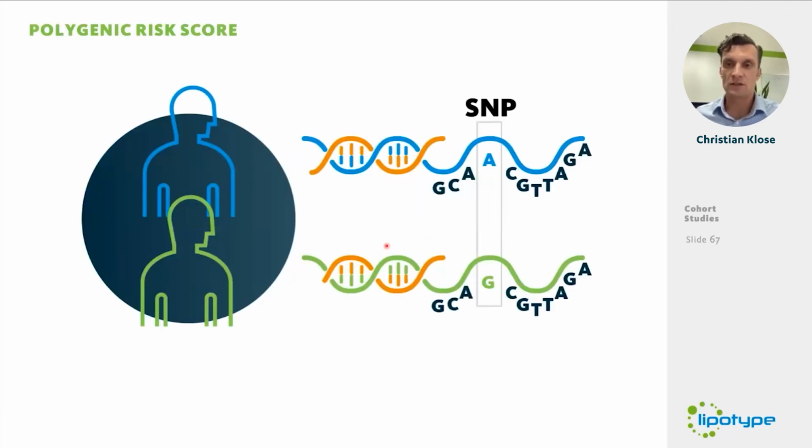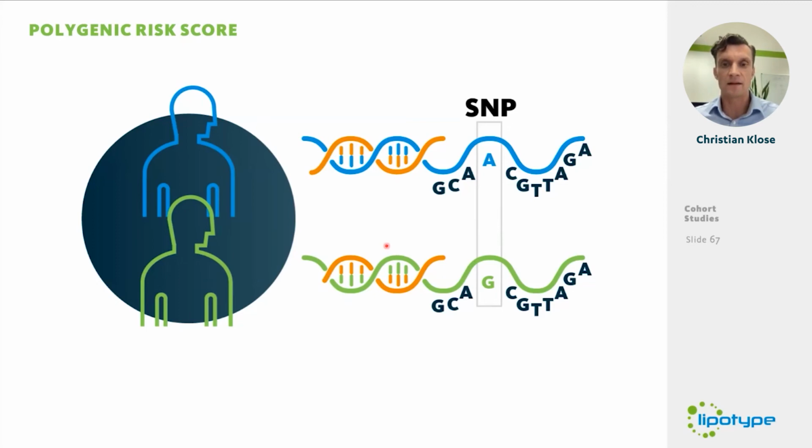It is based on so-called SNPs, single nucleotide polymorphisms, which are essentially point mutations in our DNA. And it's known that certain SNPs are associated with a risk for getting a specific disease, but in fact, it's usually the combination of many, many different of these point mutations that are used to calculate the risk of getting a particular disease. And this is so because most diseases are polygenic in nature.